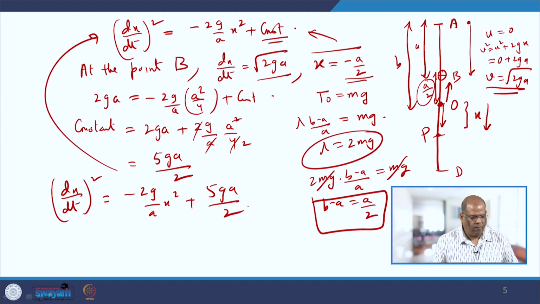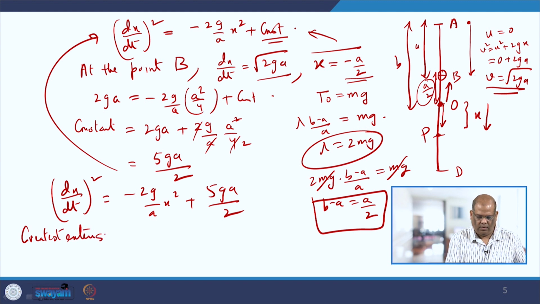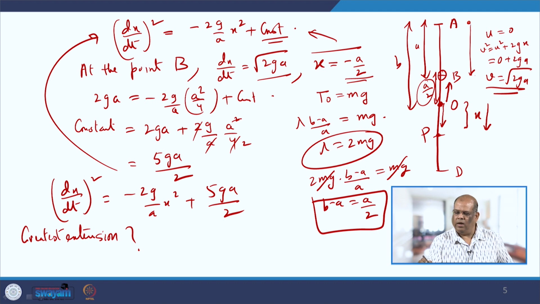Now, if I want to find what is the greatest extension. The greatest extension is that from this point A you have dropped it and the string has come up to this point where your velocity becomes 0. So, that is the greatest extension, and then it moves up.